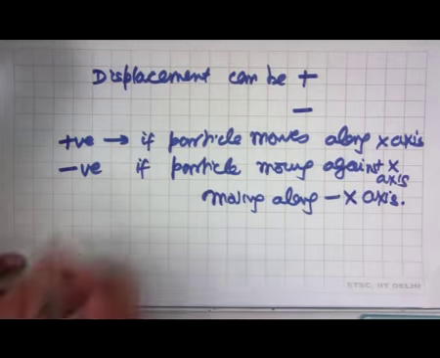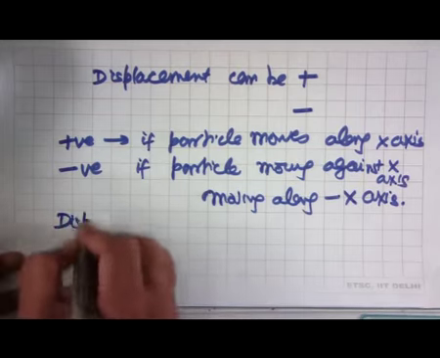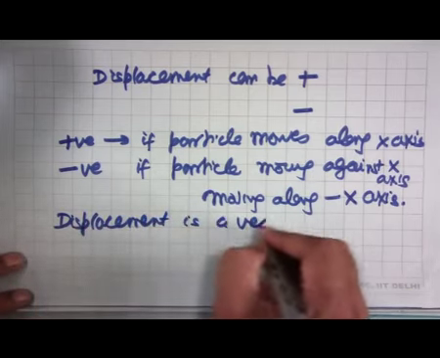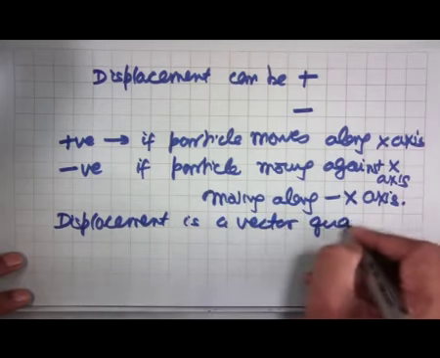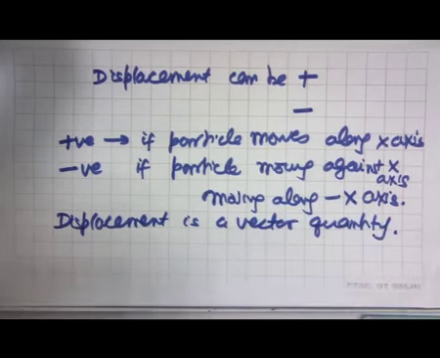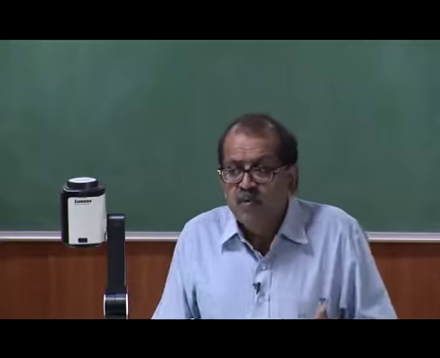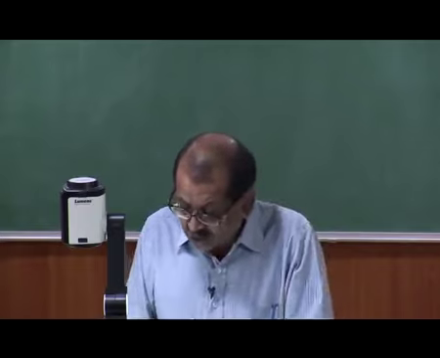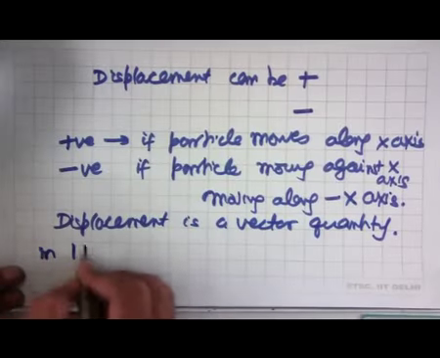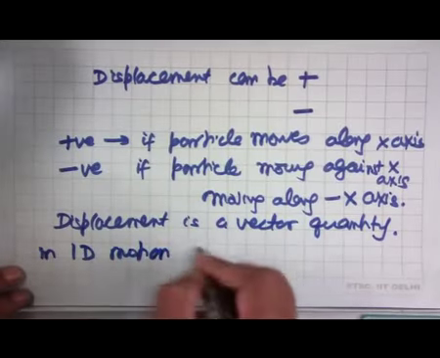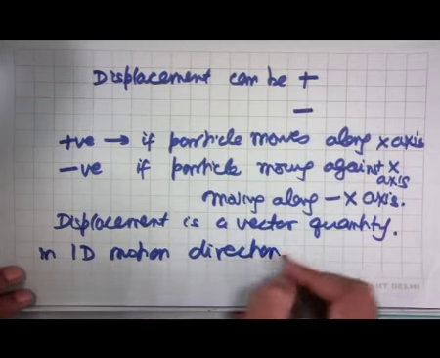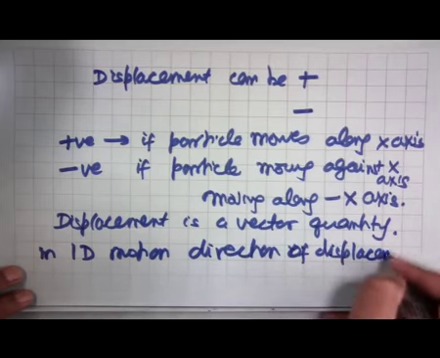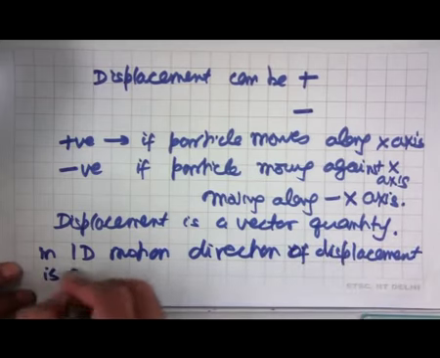Now, displacement is a vector quantity, but in one dimensional motion we do not need to give its direction, in the sense that it is always along x. So, in 1D motion, the direction of displacement is given by the sign.